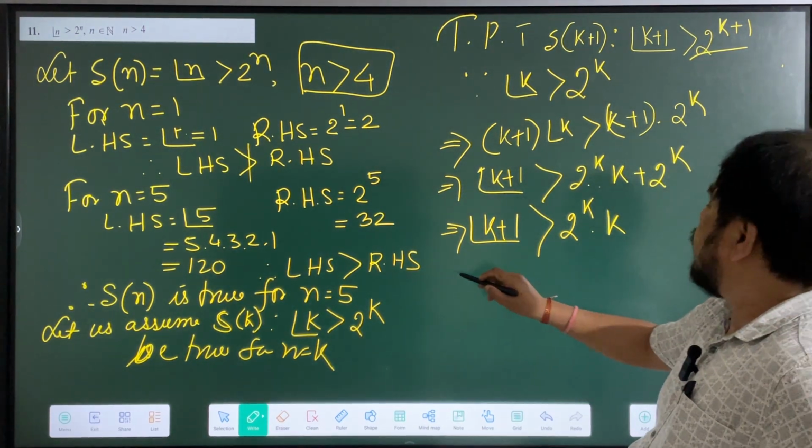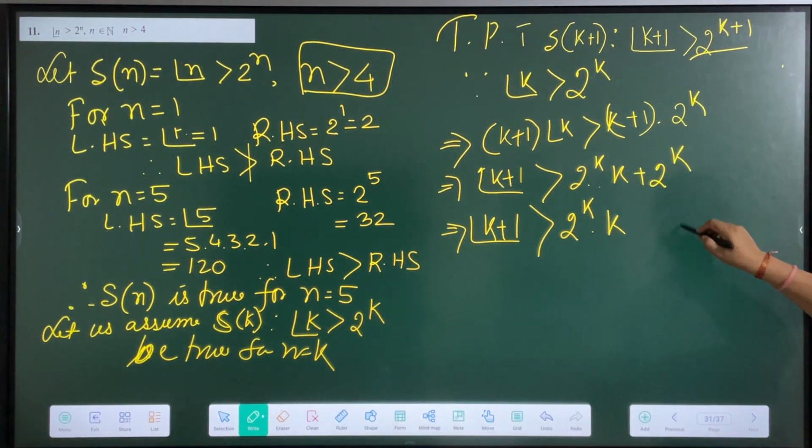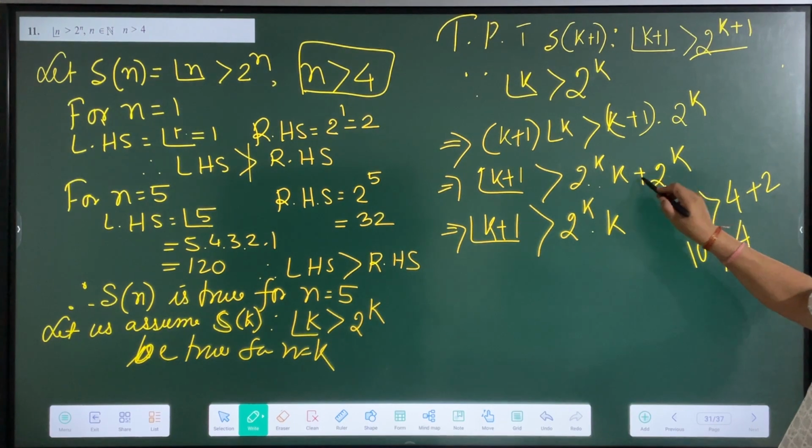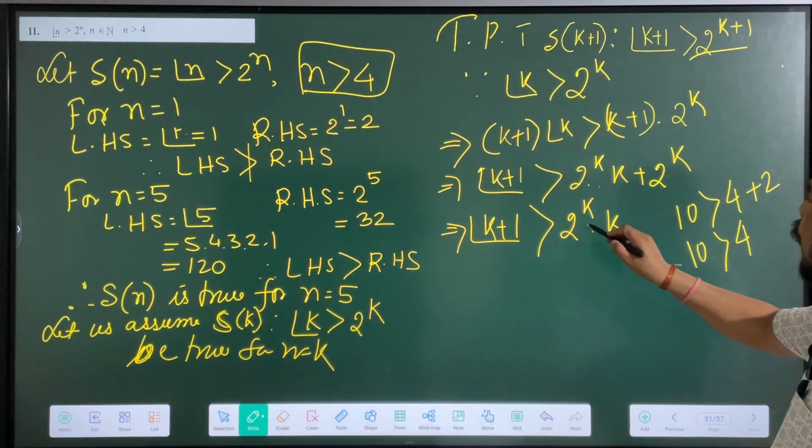Okay, so this one will be key. 10 is greater than 4 plus 2, or 10 is greater than 4. Same thing.